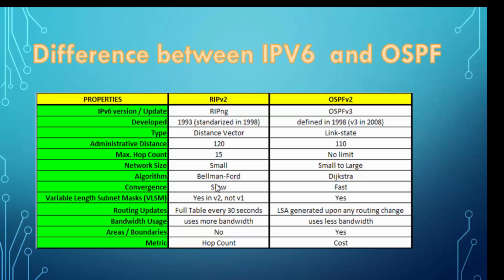We're going to see as well the VLSM that we just mentioned, which is available on RIPv2 but not available on RIPv1. Then we're talking about optimal subnet masking, which is available on OSPF. Then the bandwidth usage, and the areas or boundaries that RIP doesn't use.